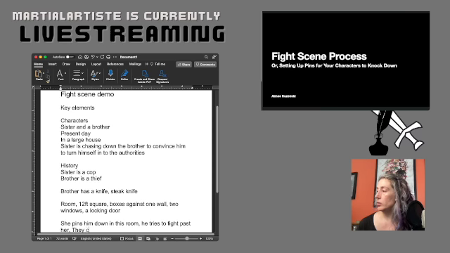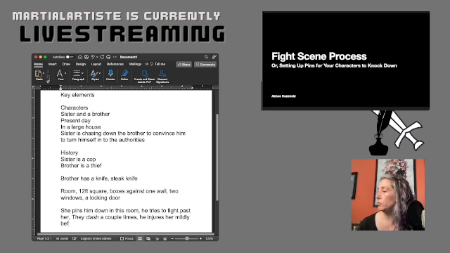They clash a couple times. And he injures her mildly before locking her in and escaping. So that gives us a basic through line of the scene.